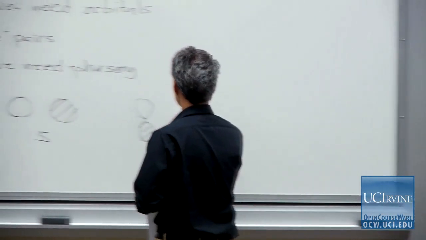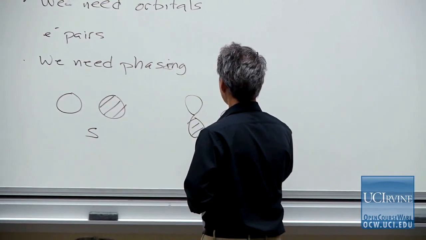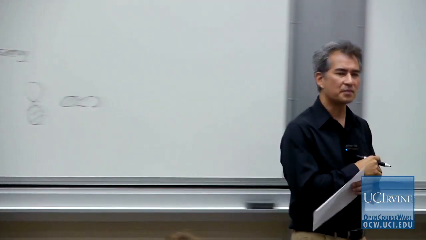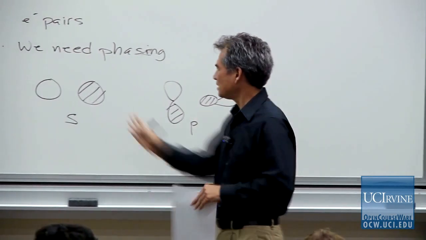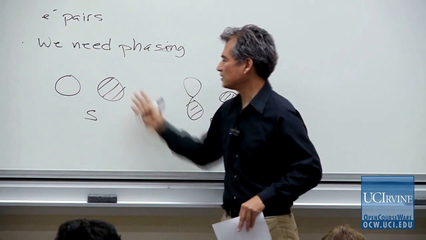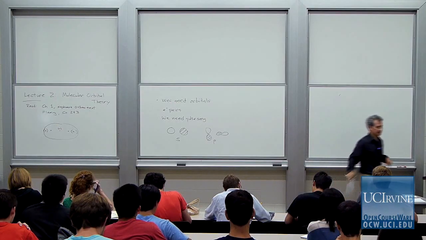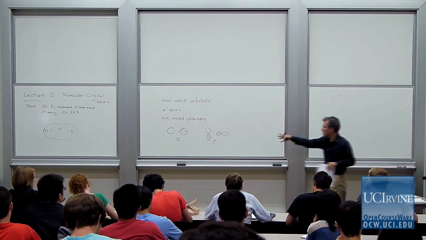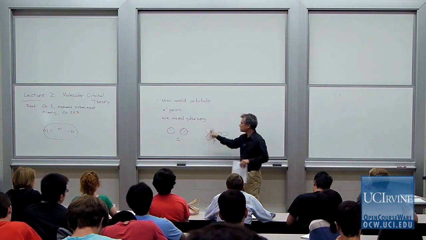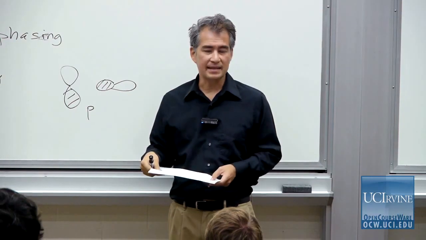And they could have various orientations with the x or y or z axes. So these are p orbitals. And so note the importance of phasing. Here I've separated the two different s orbitals. You have to imagine them on top of each other with that different phasing. Okay, so phasing allows us to think about the idea of having 2 electrons around the same place in space but avoiding each other. And so we need that.